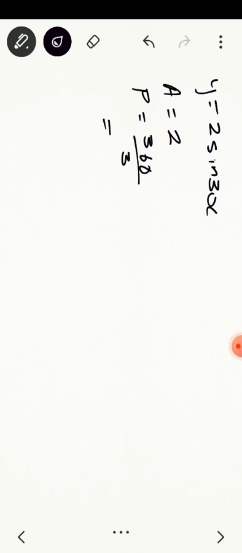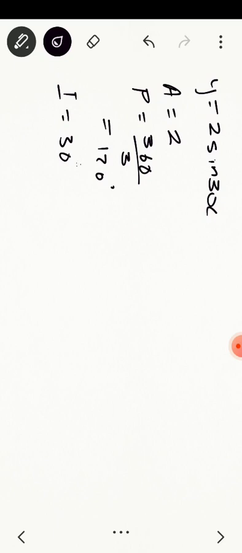360 divided by 3, that's 120. So the period is 120 degrees. Then the interval is going to be 120 divided by a 4, which is going to give us 30 degrees.